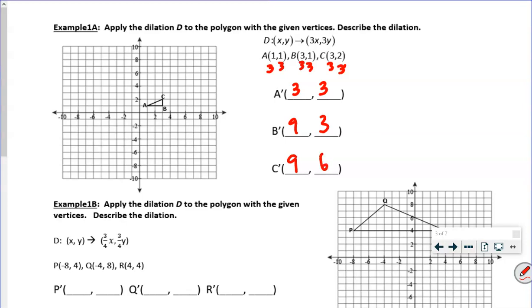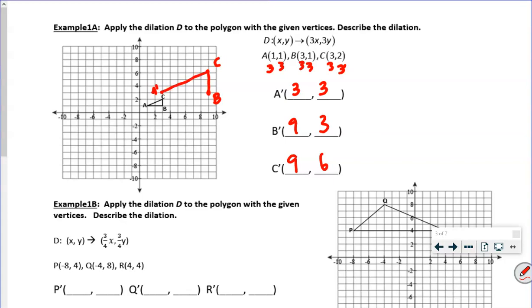So now we're going to plot these new points, 3, 3. 3, 3 is right there, so that's our new A prime. 9, 3 is right there, so that's going to be, sorry, that's supposed to be a B. 9, 3 right there is B. And then C is 9, 6, so 9, 6 is up here. So this is our C, and now we can go ahead and connect those dots.